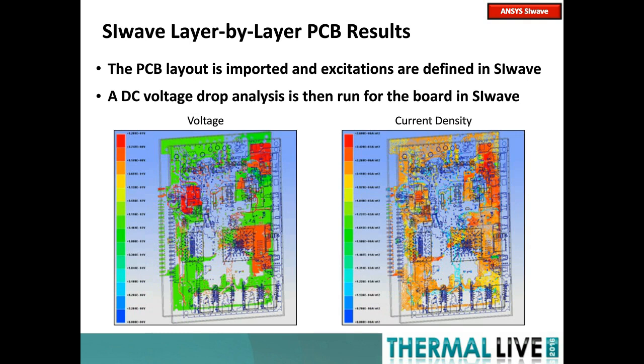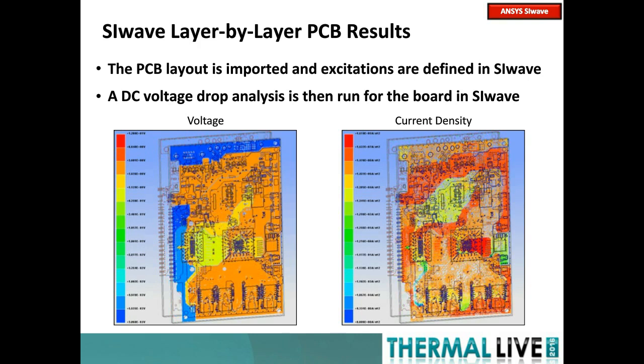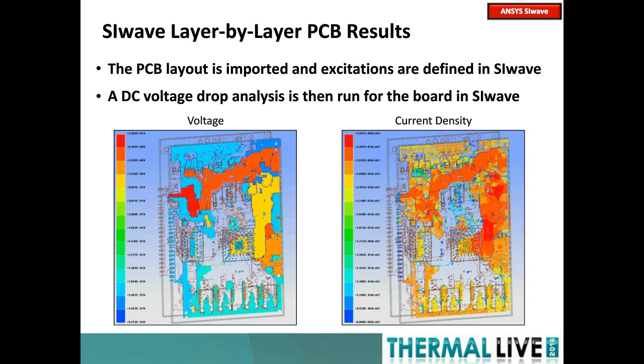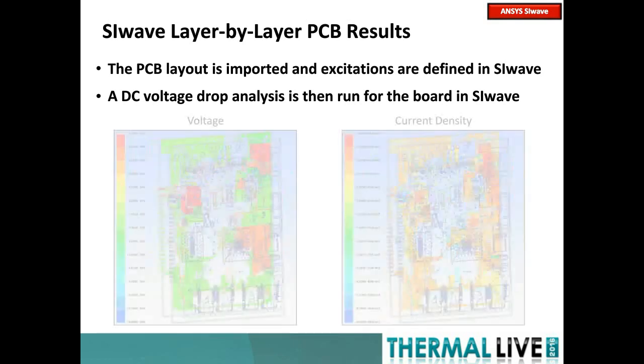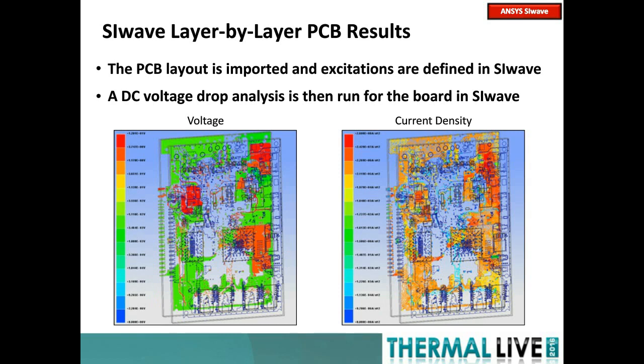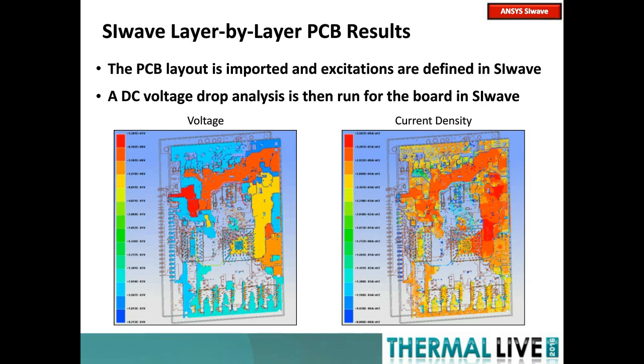Voltage on the left, current density on the right. And we get this for each layer of the board. So we have current densities in each layer of the board here, as well as voltages. Also, we get current density through the vias as well.